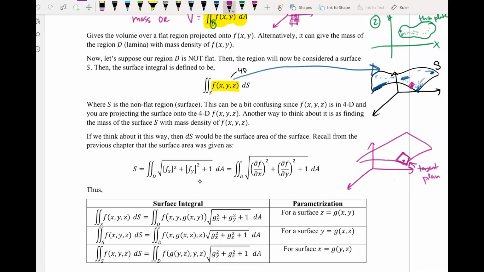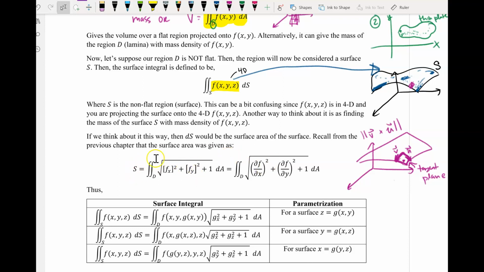In order to approximate it with the tangent plane, I was trying to find the area of this parallelogram, and the way that we found it was with a cross product. So we take this vector and this vector, let's say the two vectors u and v, we took the cross product, and then we took the magnitude of it. Then we took all of these and ended up getting this surface area integral.